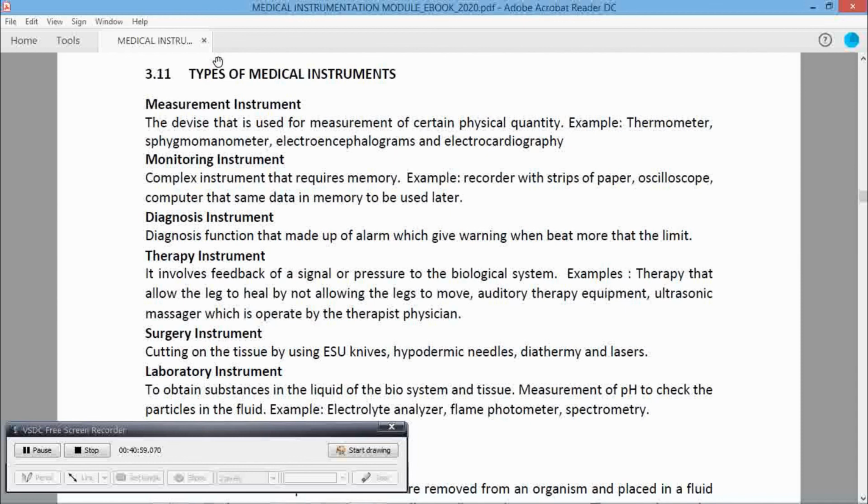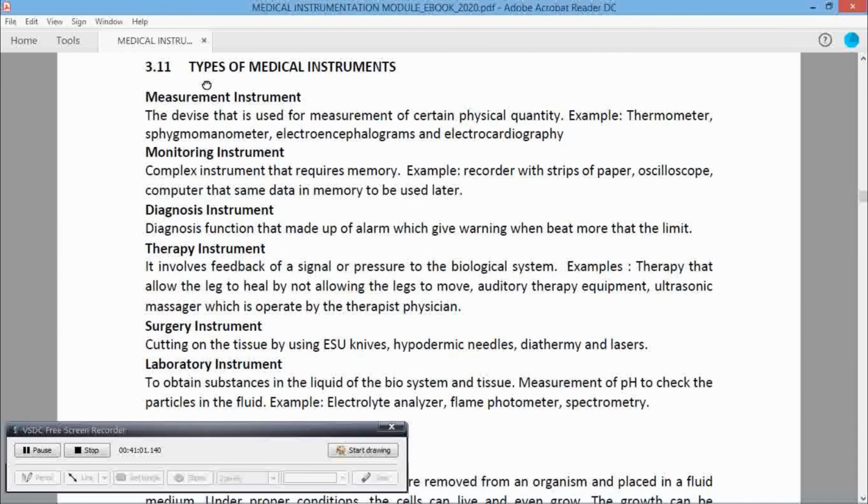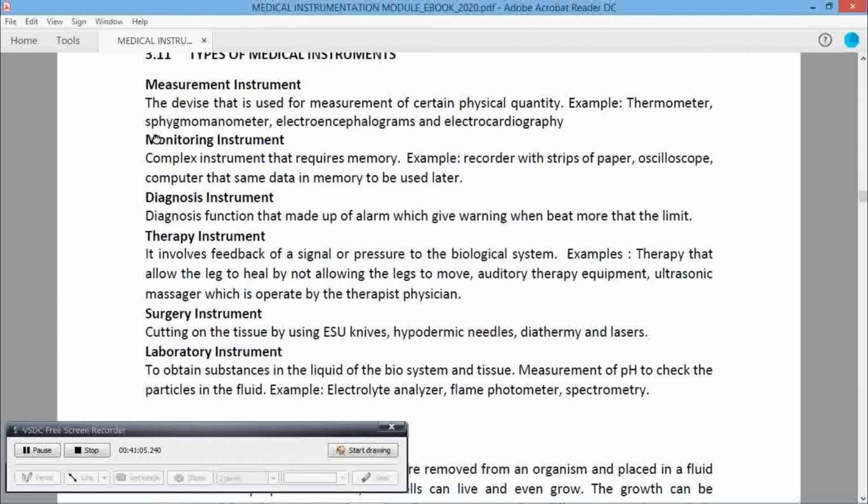Ending the lecture. So this one is types of medical instrument. So these are the types of instrument that is focused in this subject: measurement instrument, monitoring, diagnosis, therapy, surgery, and laboratory instrument.